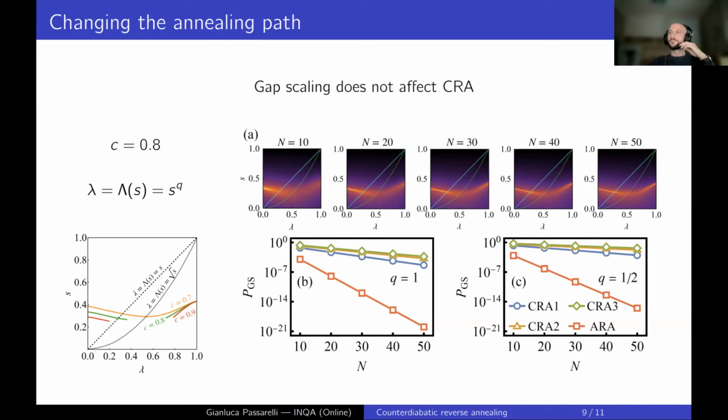And I guess my question is whether that critical value of C changes when you're doing your counterdiabatic reverse annealing, either in the thermodynamic limit or whether it's meaningful in these finite size measurements.